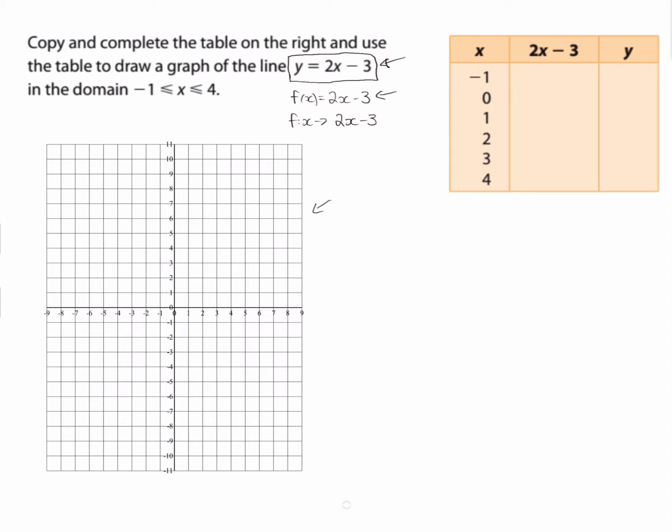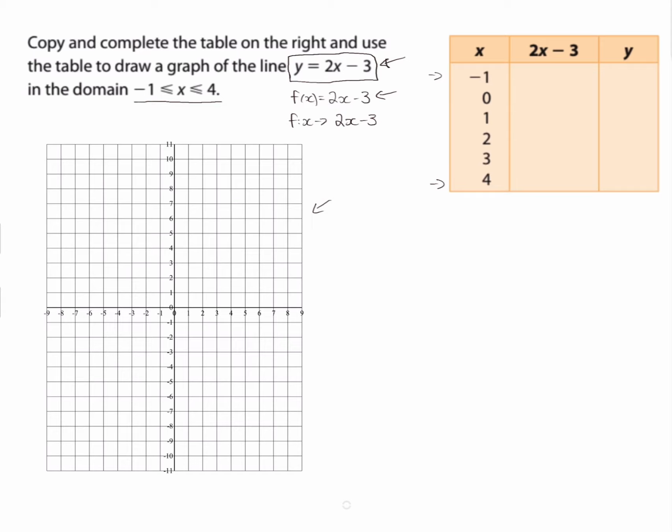So here the question has asked us to draw this graph in the domain of -1 to 4. And you can see over here on the right, I've got -1 all the way to 4. So I've got all the whole numbers. They're integers because we have a minus number, but we've got all the whole numbers from -1 to 4.